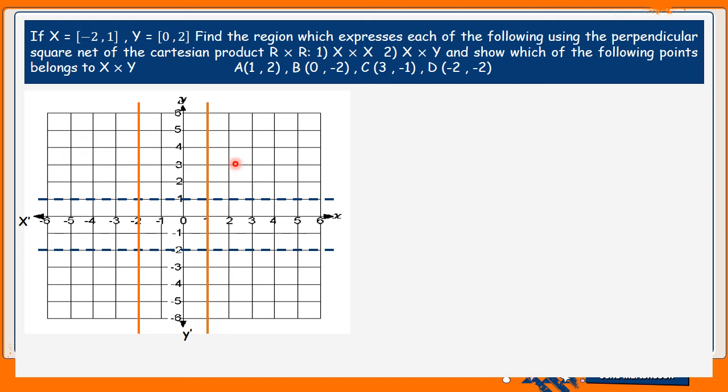So we want the region that intersects, which is the region of x cross x.